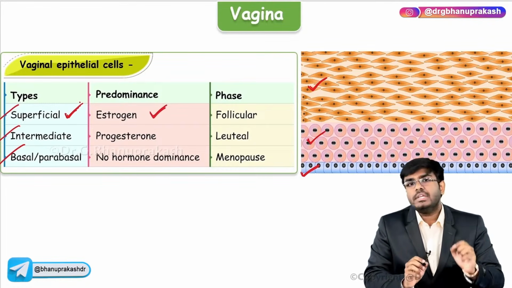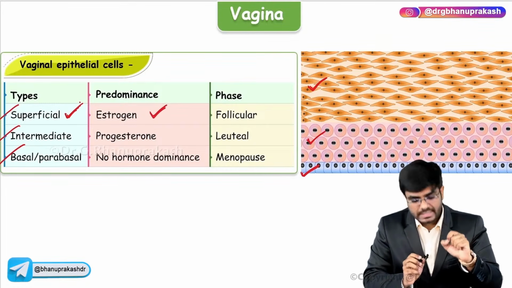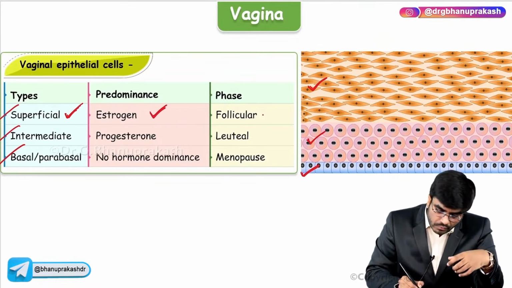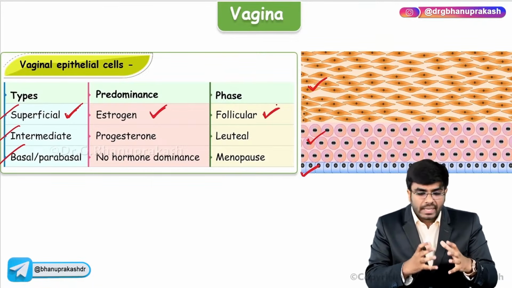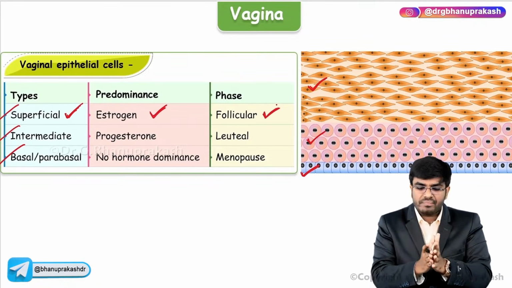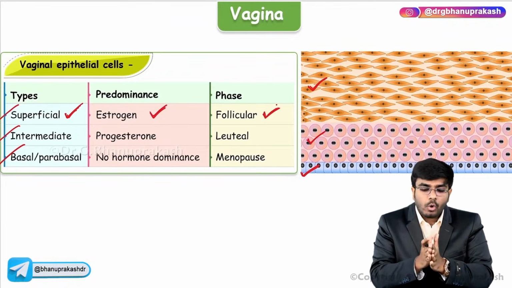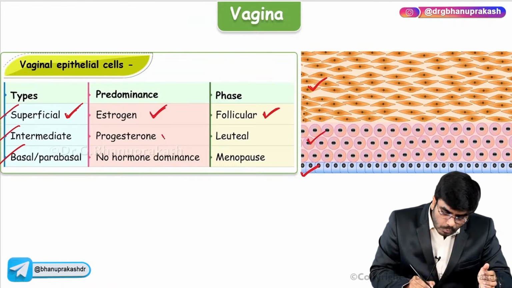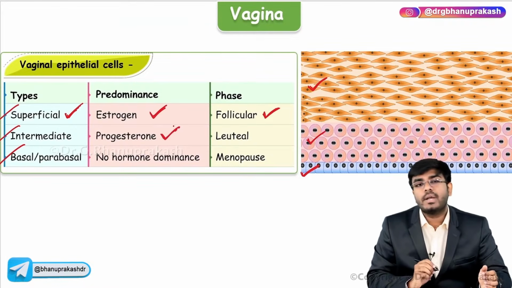Now my question is, during which phase of the menstrual cycle will there be more estrogens in the female body? During the follicular phase. We all know that during the follicular phase follicles are growing and they are making the estrogens, and because of these estrogens there will be more superficial cells. Intermediary cells will be more in number during progesterone predominance.